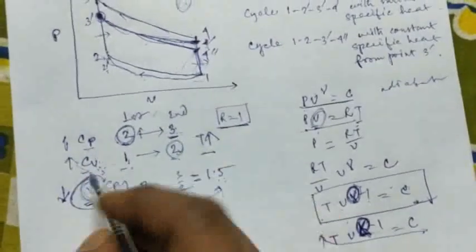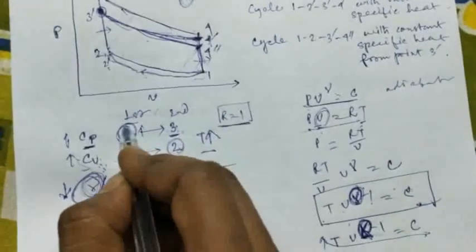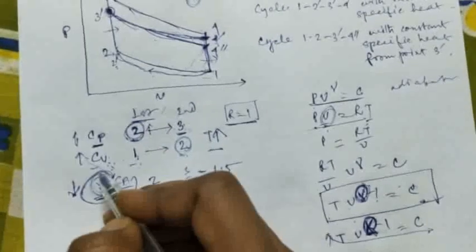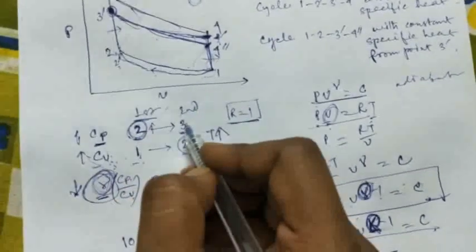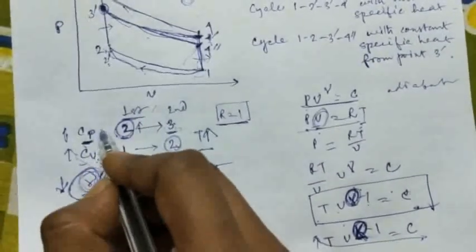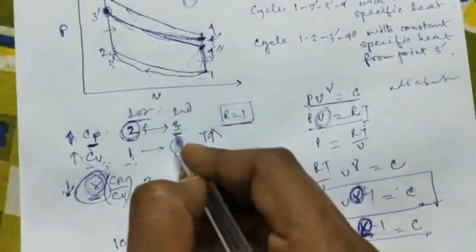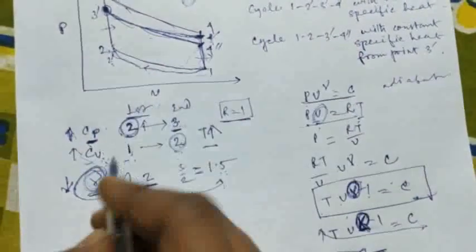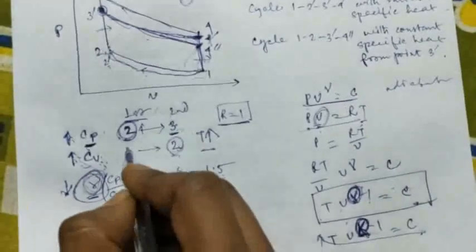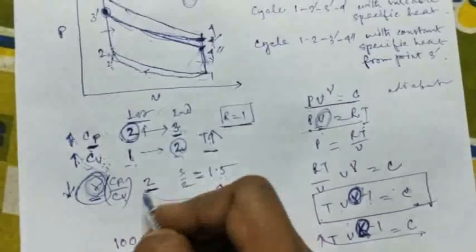Suppose we have considered the value of Cp initially, say in the first case, as 2. Now after an increase of temperature, the specific heat at constant pressure has increased and suppose it becomes 3. And the value of Cv was initially 1 and it becomes 2 after the increase of temperature.